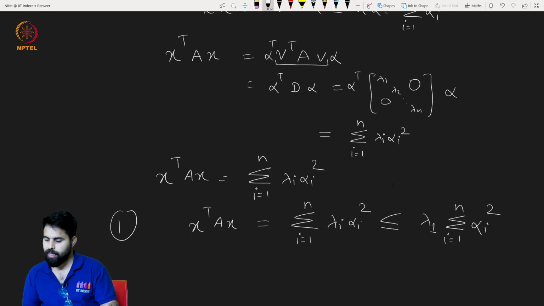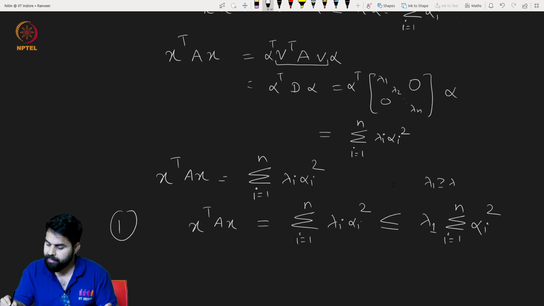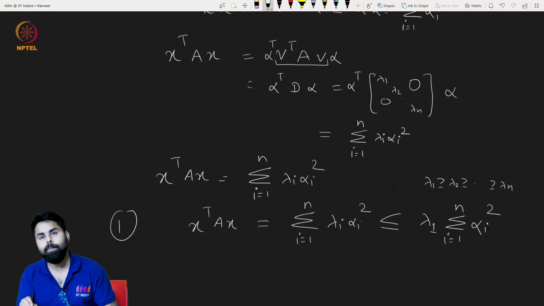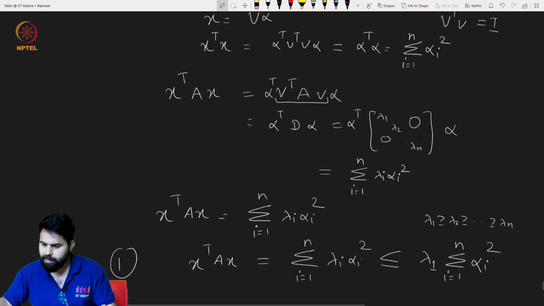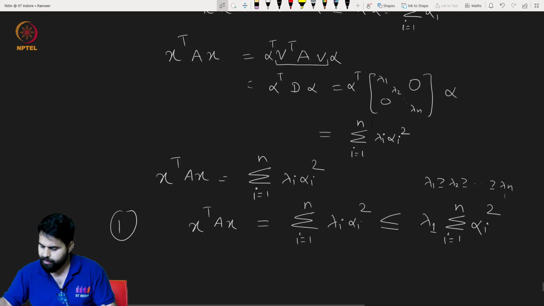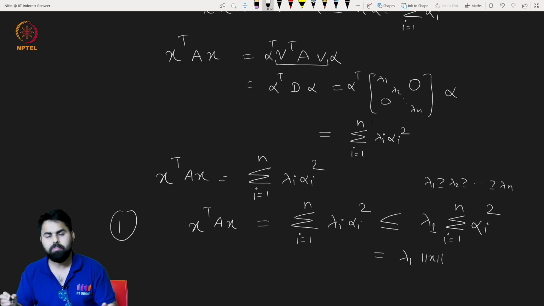Why is it so? It is so because lambda 1 is greater than or equal to all the other eigenvalues. I have taken lambda 1 outside, so this inequality will always hold. And this sum is nothing but, as we just established, x transpose x, that is lambda 1 times the norm of x squared, whatever you want to say.